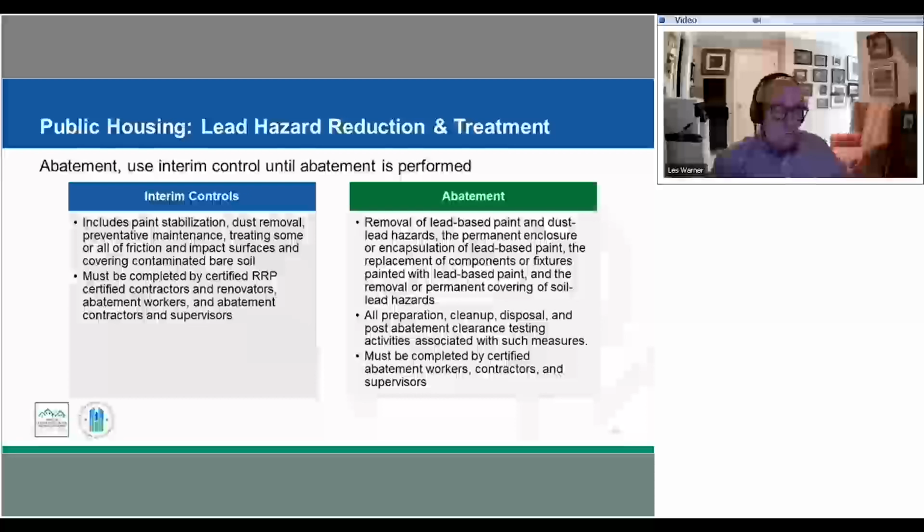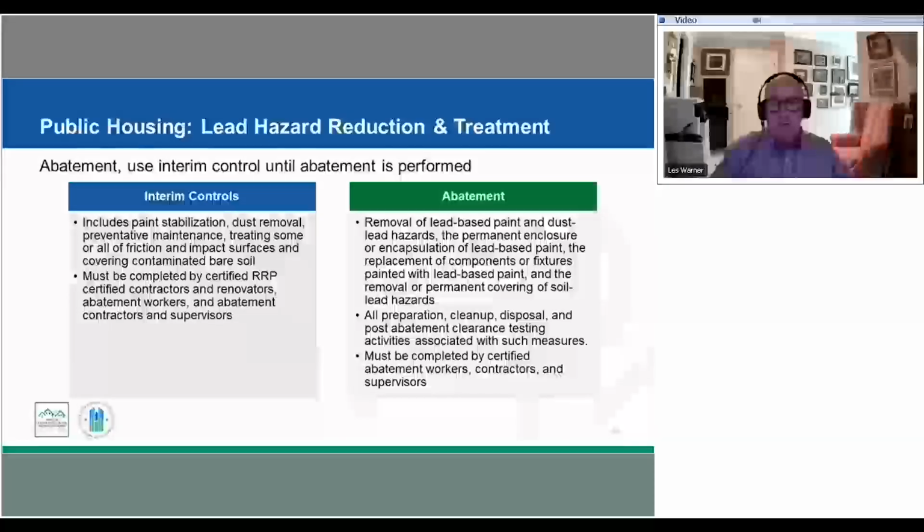Our end goal for Subpart L is to do full abatement as part of overall modernization. As those funds are available, this would be removal of the lead-based paint and dust hazards. It could be permanent enclosure, encapsulation, maybe including replacement. Like I referenced, the property where the front doors all included lead.